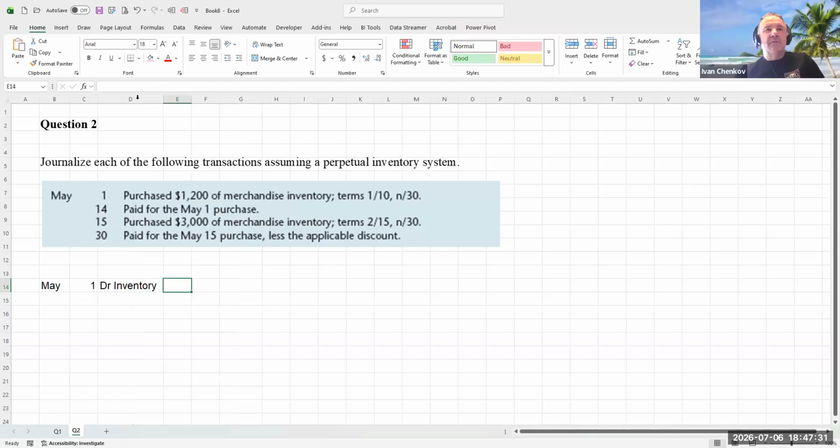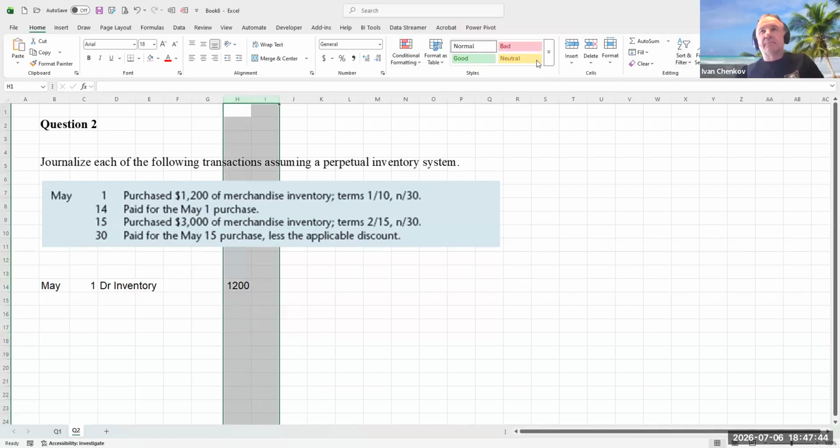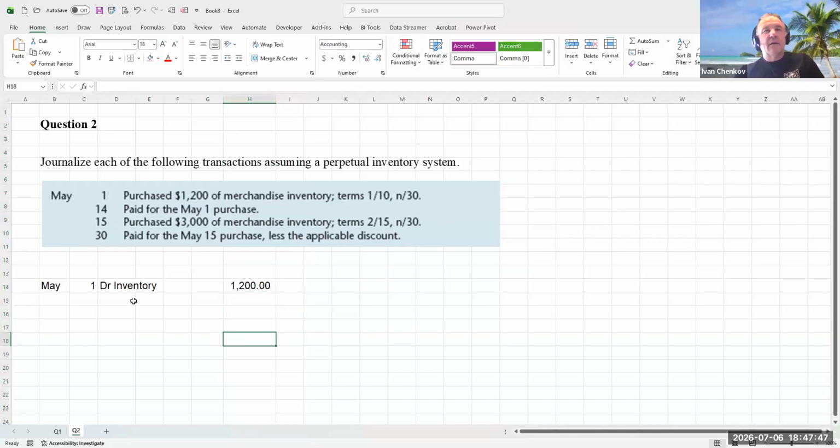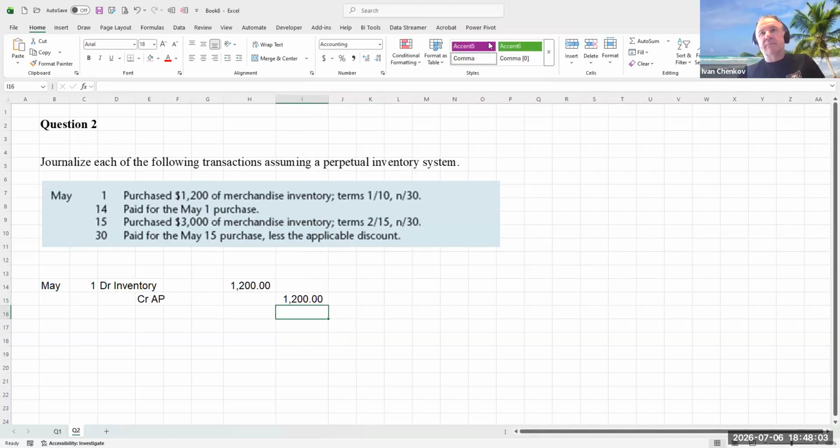And we're going to debit that inventory with, right here, I'm going to use this column here, $1,200. And then we're going to credit. We're not paying. We're just purchasing the inventory on account. And we're going to create accounts payable for the same amount, $1,200. Great, we have our first entry.